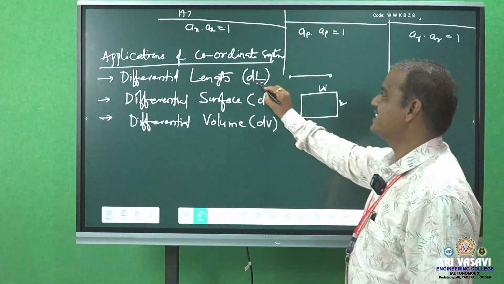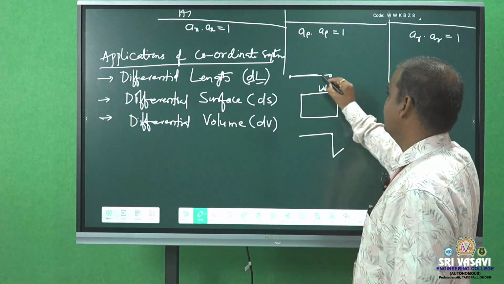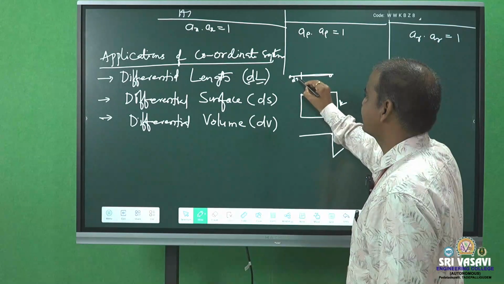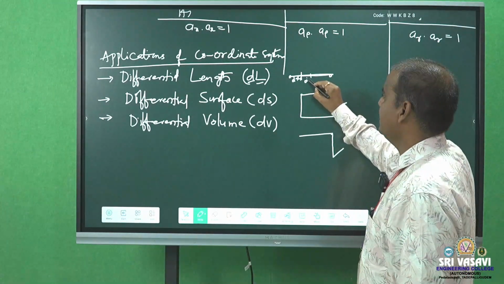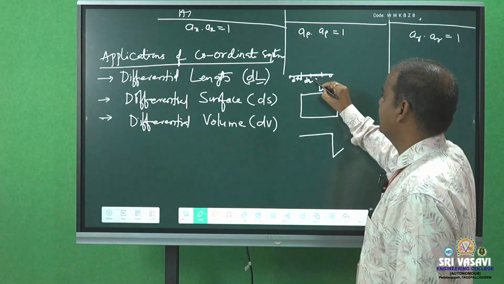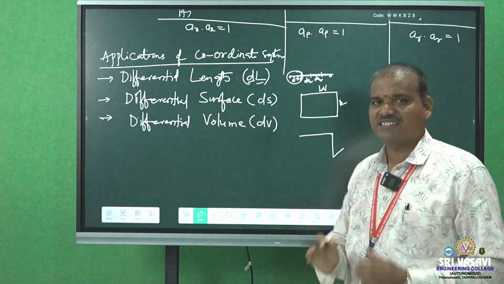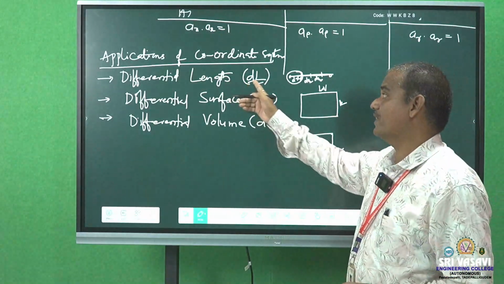So what is differential length? Differential length is nothing but, this is a total length, and in this I identify a small length. This is called dx1, let us take. Next dx2. Next dx3. This is called differential. Differential means separate. Integration means combine. So we are talking about a differential length.